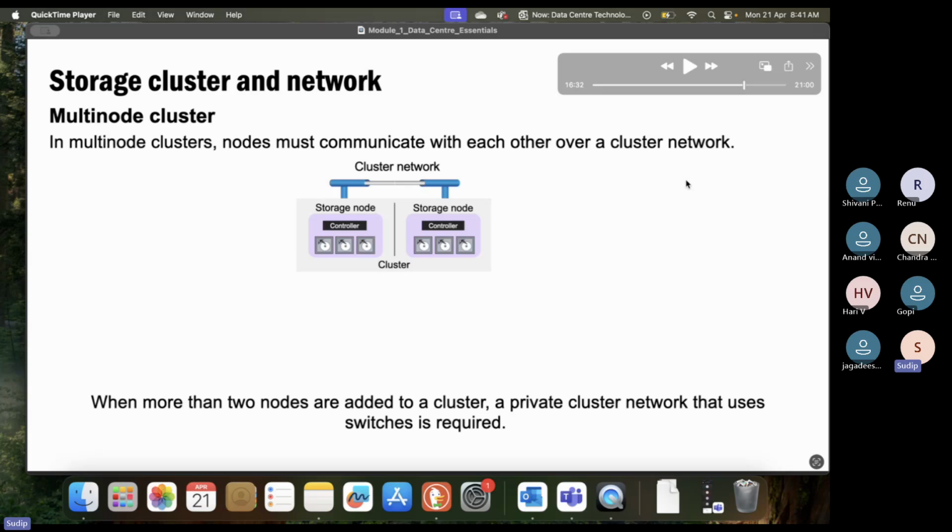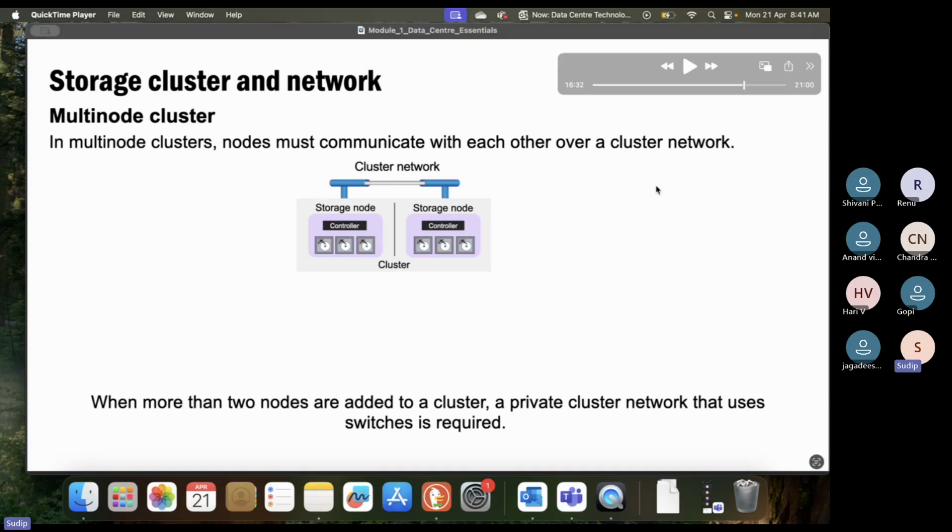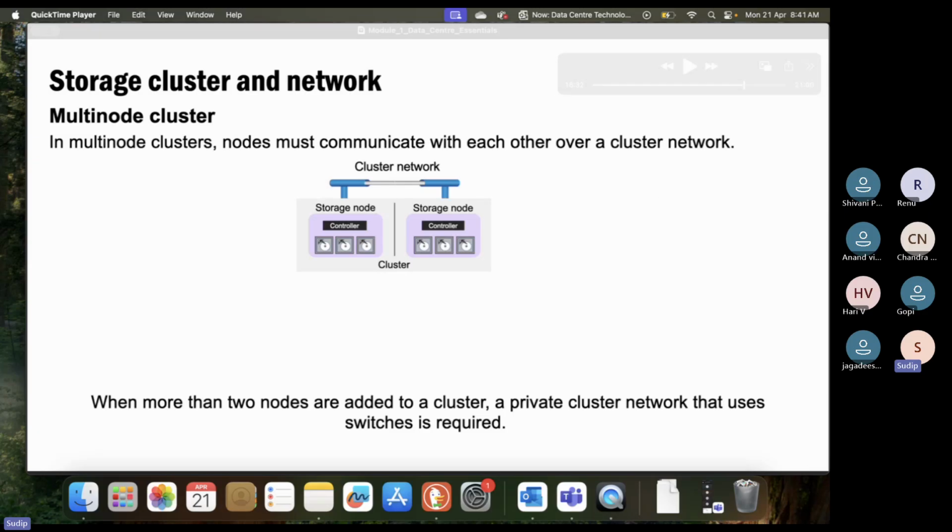And what is the characteristic of this network? It is, one, high bandwidth. It will be in multiple gigabytes per second, and it is extremely low latency. When we say latency, we saw an example last time, right? When we did ping google.com, we saw a few milliseconds of latency as the response time from those servers.